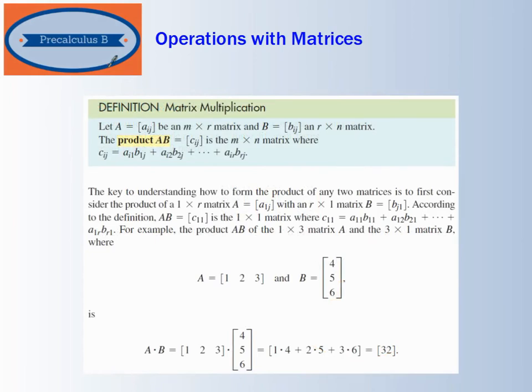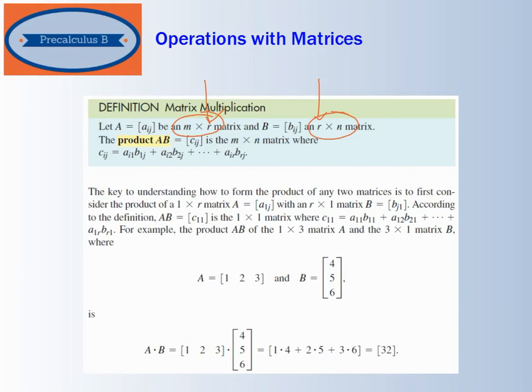First off, matrix A needs to be an M by R matrix, and B would need to be R by N. What this means is that the number of columns in A has to match the number of rows in B. All right? So the number of columns in the first matrix has to match the number of rows in the second. If that's not the case, then we won't be able to determine the product of two matrices.